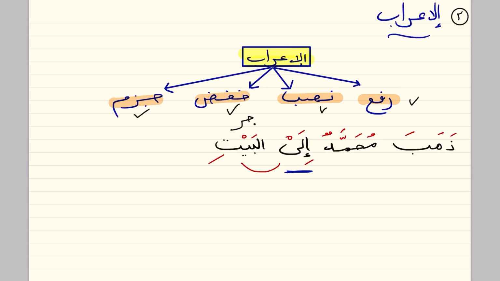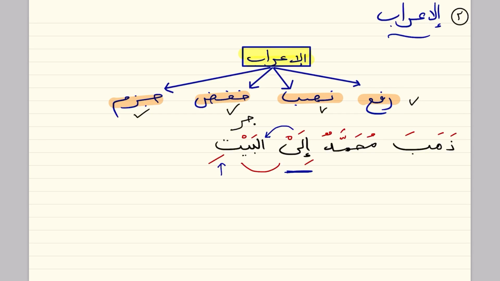Amil is something that acts upon the word, that influences the word coming after it. So إلى here, being the harf jar, causes bayt to take the state of jar or khafd. So this is what i'rab really is, just figuring out the ends of the words.